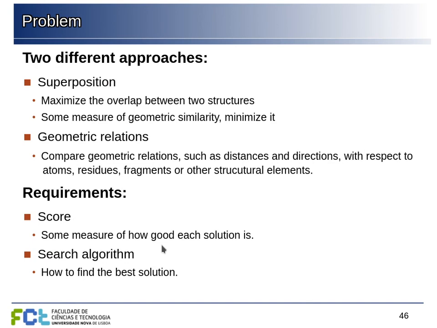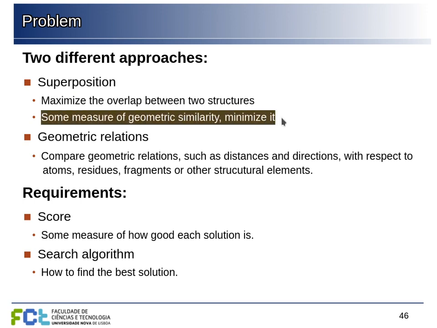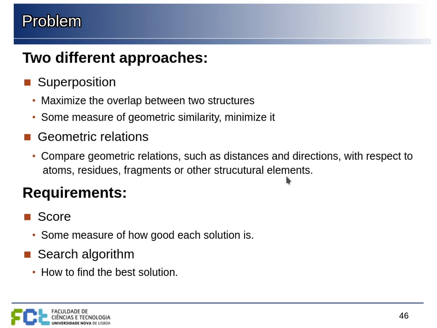Now, two basic approaches algorithmically to solve this problem is either to first try to overlap the two structures as best as possible and then measure what difference remains, or we can look at geometric relations within the proteins, such as distances, angles, and so on, and compare these with the other structure.